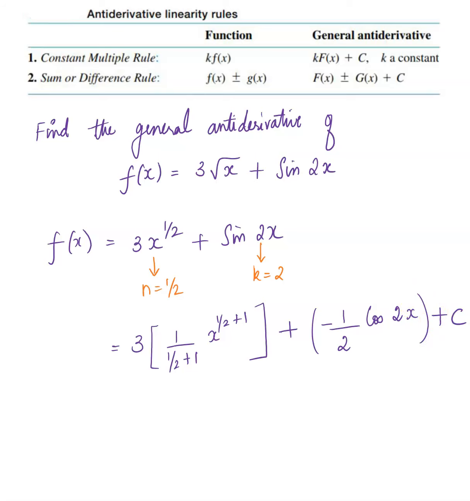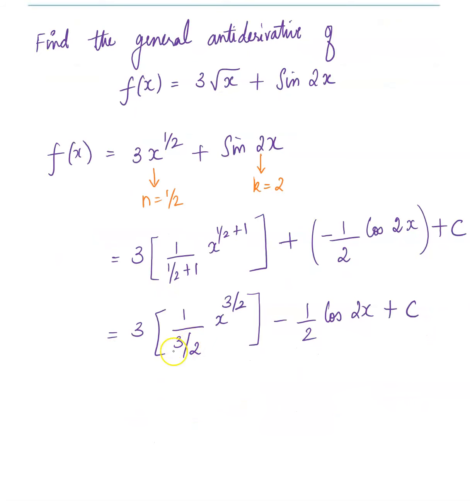And then there's a plus c. 1 over 3 over 2 x power 2x plus c. If you clean this up here, this denominator 3 over 2 will become 2 over 3.